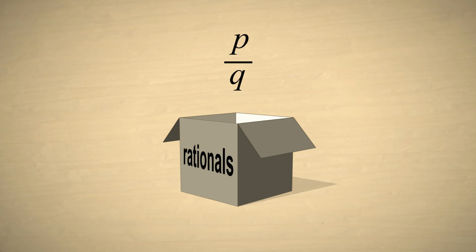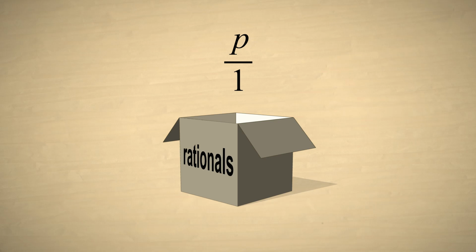We must add the caveat that q cannot be 0, since dividing anything by 0 is meaningless. Notice that p over q can not only represent any fraction, but can also represent any integer, if we let q equal 1. In that case, the fraction p over q represents the same quantity as the integer p.